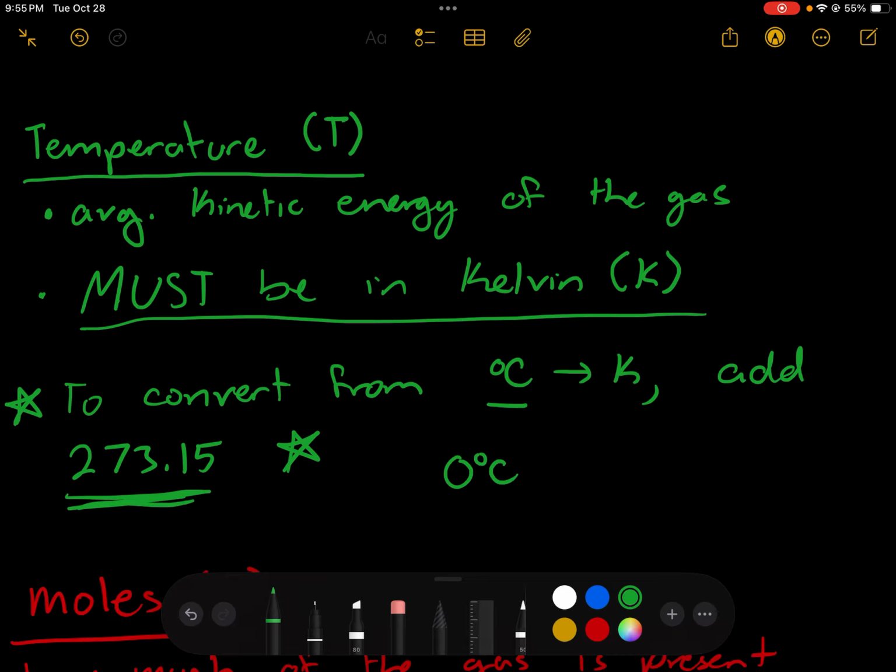So 0 degrees Celsius in Kelvin would be 273.15, because all I have to do is add that number to get to Kelvin. If it was 1 degree Celsius and you added 273.15, you would end up with 274.15. So literally you're just adding that value to get from one to the other.